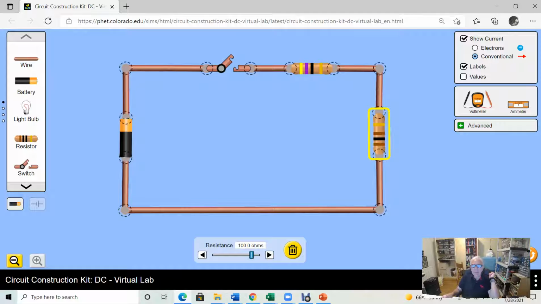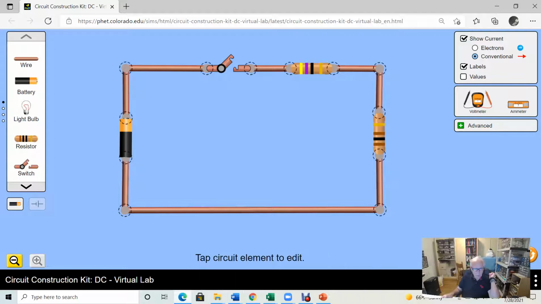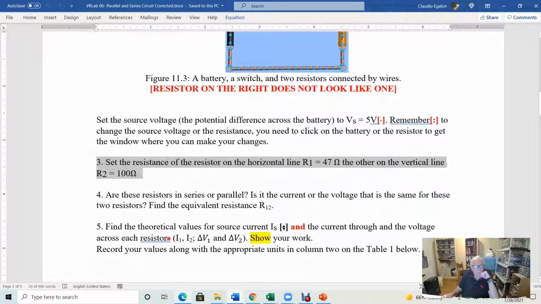It's the current that's the same. What's not the same is the voltage. The energy per unit charge ends up being split between those two resistors when we apply a voltage. Here you go.